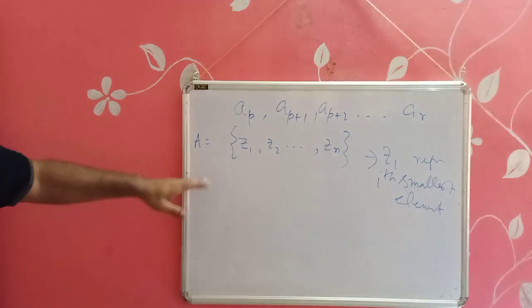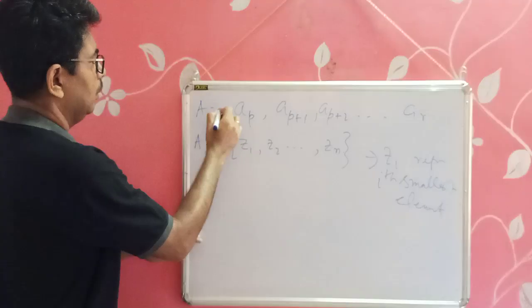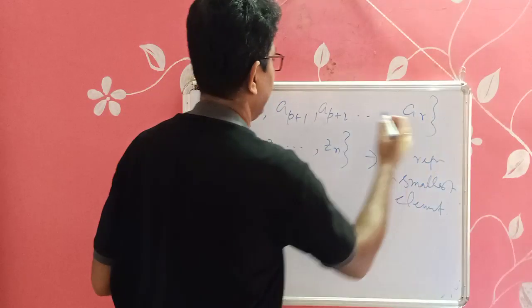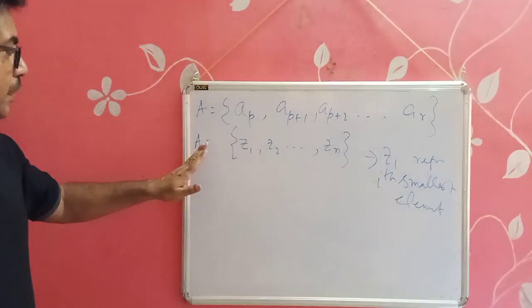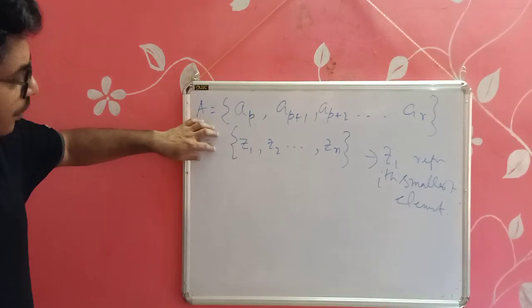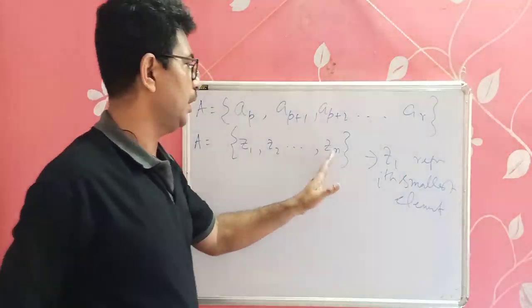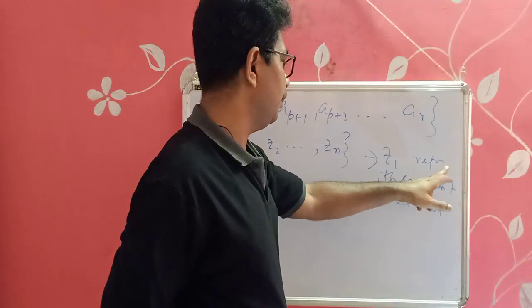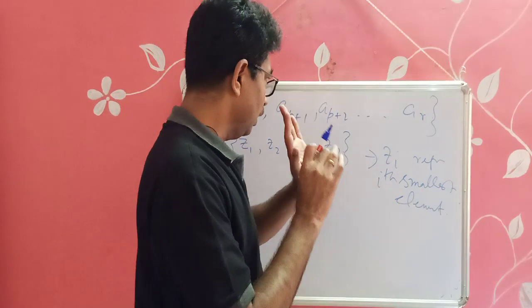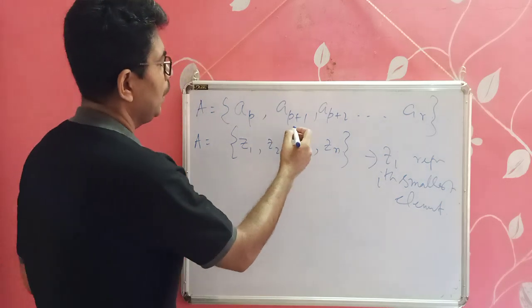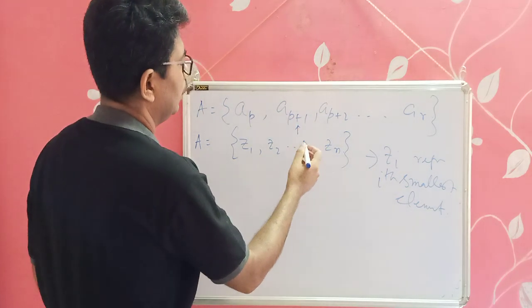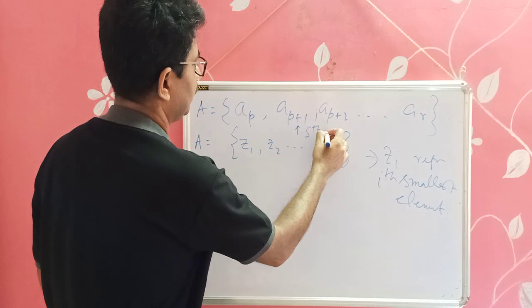We have not sorted. This is the input array A. We are just defining this the same set as Z1, Z2, ..., Zn, where Zi represents the ith smallest element. So let this be the fifth smallest element.